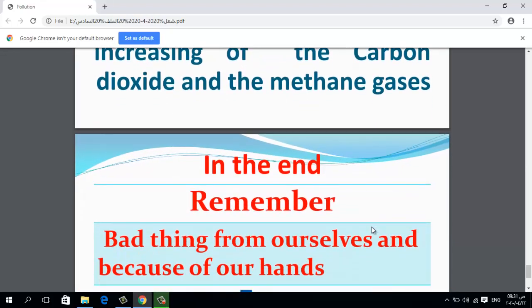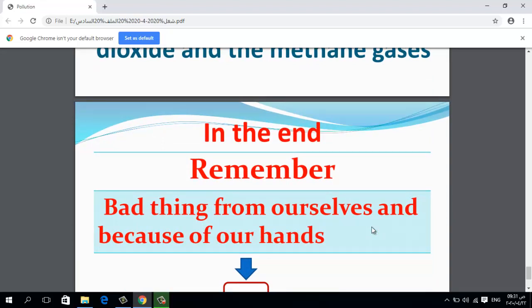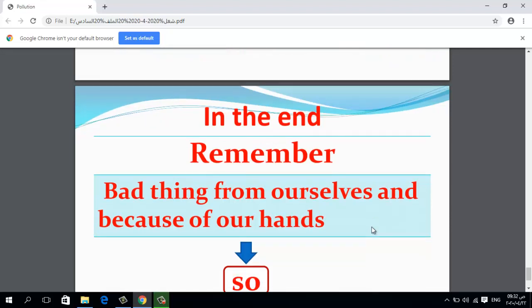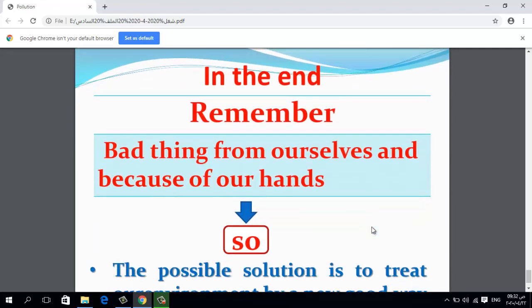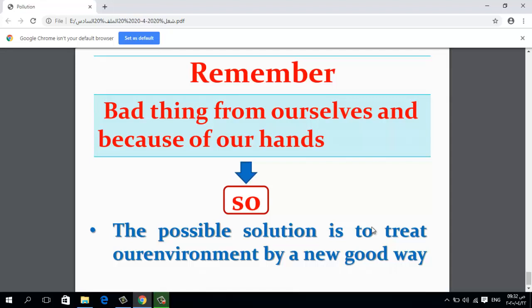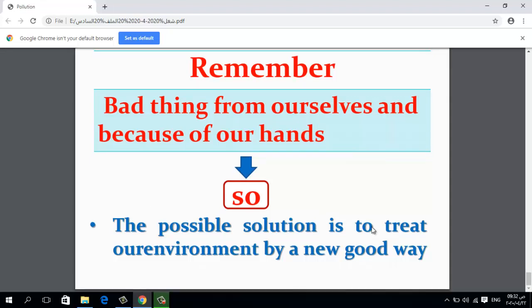In the end, I want you to remember that the bad things this pollution causes come especially from ourselves and because of our hands. So the possible solution is to treat ourselves, and treat our environment in a new, good way. We should think out of our books.